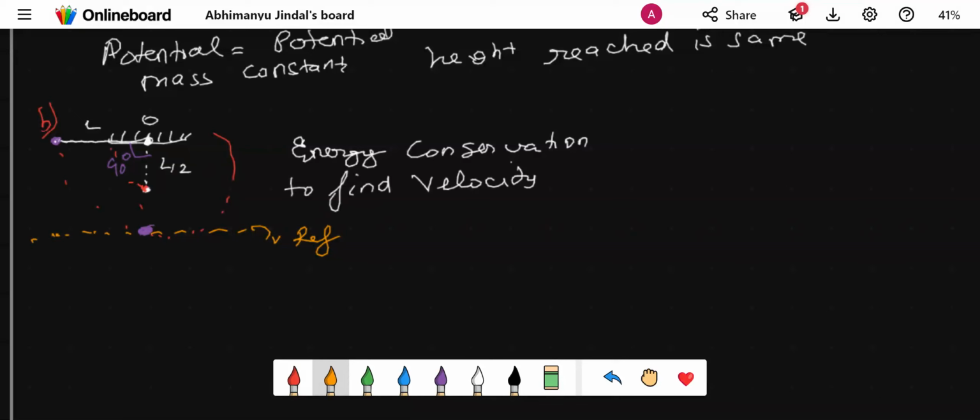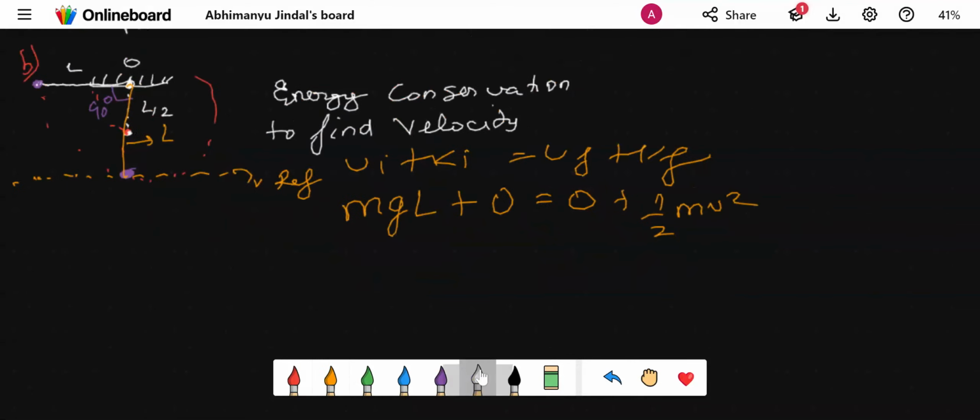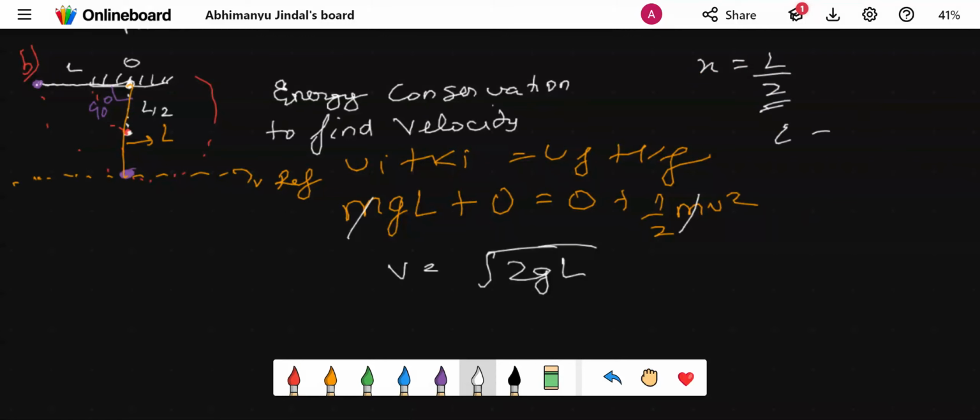So this is L as well. So mgL plus 0 equals Ui plus Ki equals Uf plus Kf. Uf is 0, Kf is half mv squared. So I can say v equals root 2gL. And here you know that x is L by 2, so L equals 2 times x. x is the distance of the peg from the point of suspension.